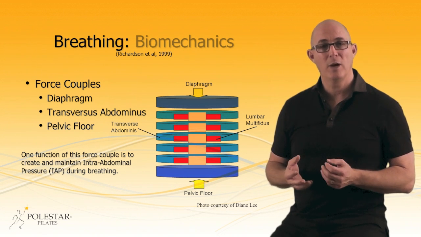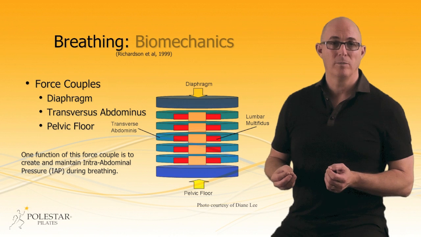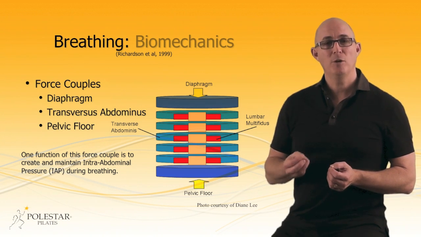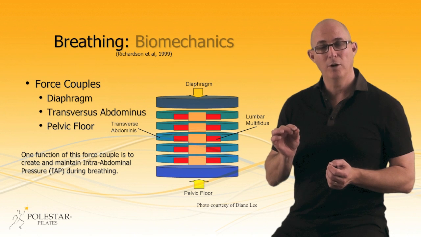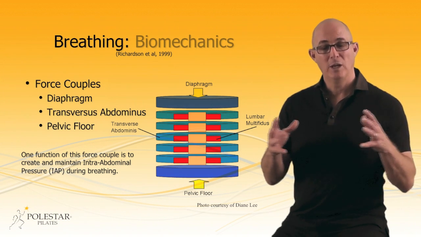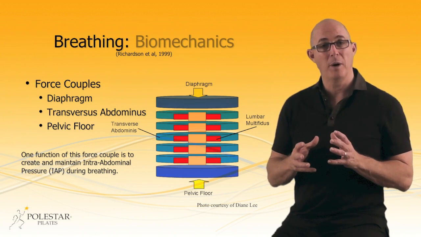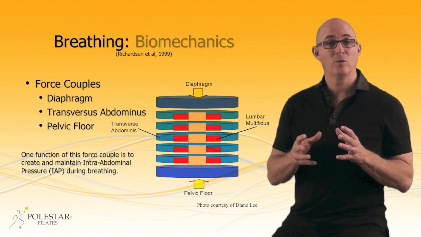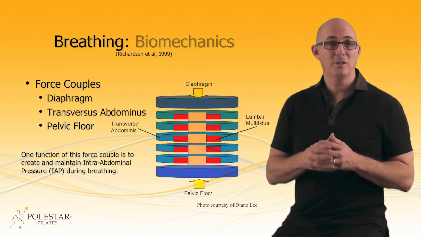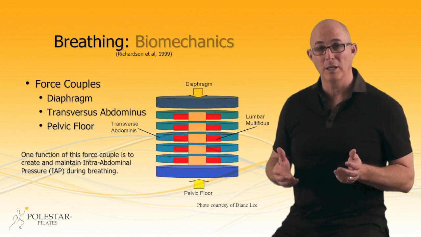And the term that I want to introduce now is the intra-abdominal pressure. We often refer to this as the IAP. The intra-abdominal pressure would be if I could put a pressure gauge inside of your abdomen, and we can change, based on the activity we're going to do, the amount of pressure around the spine to protect and create that connectedness between the thorax and the pelvis and the stiffness around the spine based on the activities that we choose to participate in.